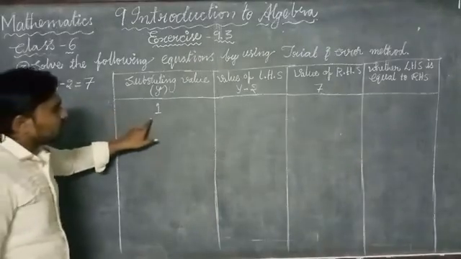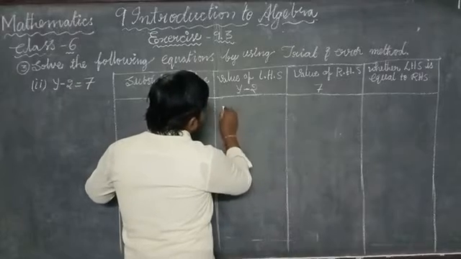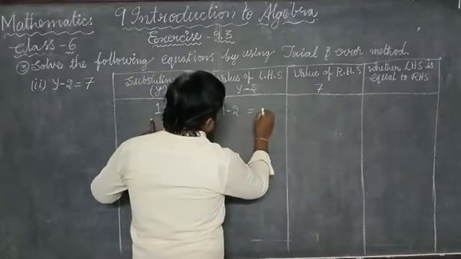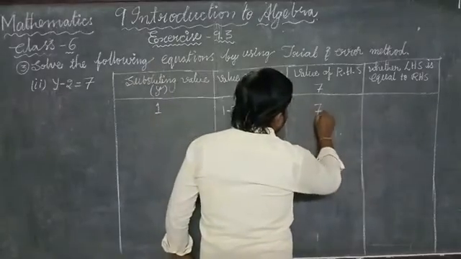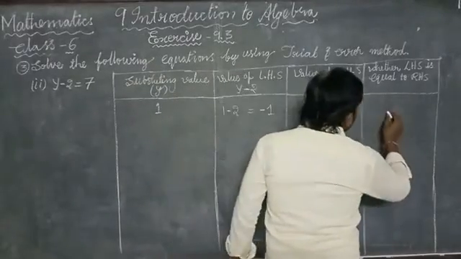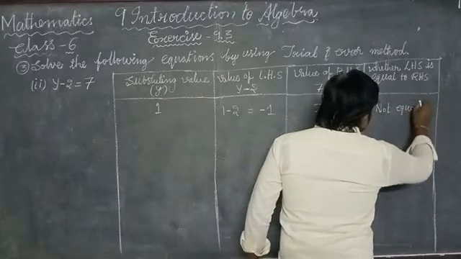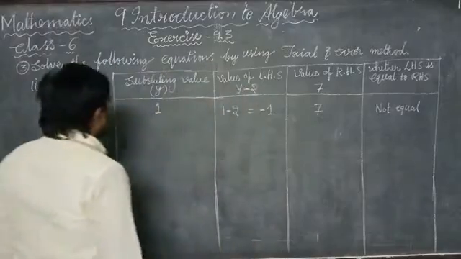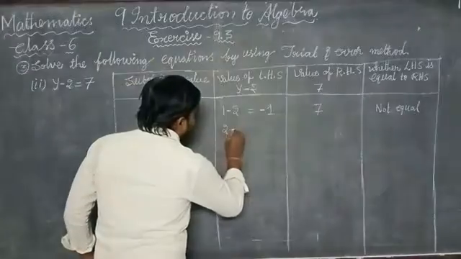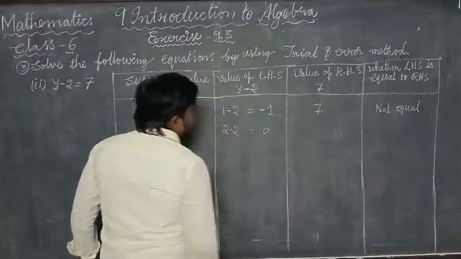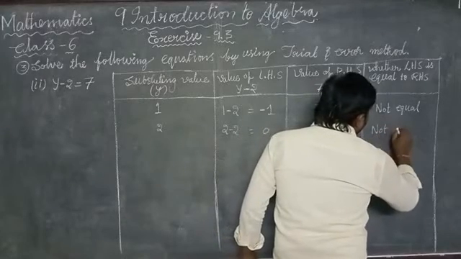If the value of y equals 1, then the value of LHS is 1 minus 2 equals minus 1, and it is not equal to 7, the value of RHS. So it is not equal. Now 2: 2 minus 2 equals 0. It is not equal to 7, so we write not equal.